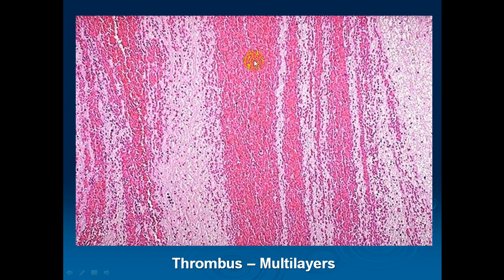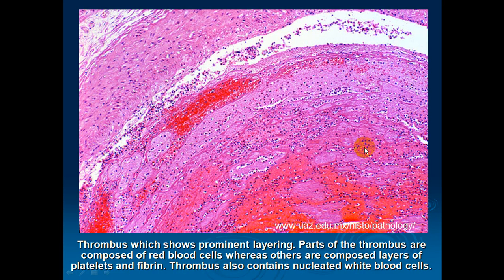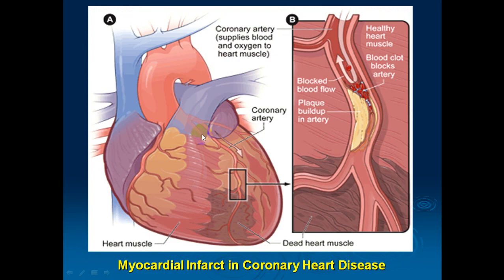And this is the trapped erythrocytes between the fibrin. The red part is composed of erythrocytes and also some leukocytes. The purple dots here represent leukocytes, and the eosinophilic part here is actually the fibrin layers.